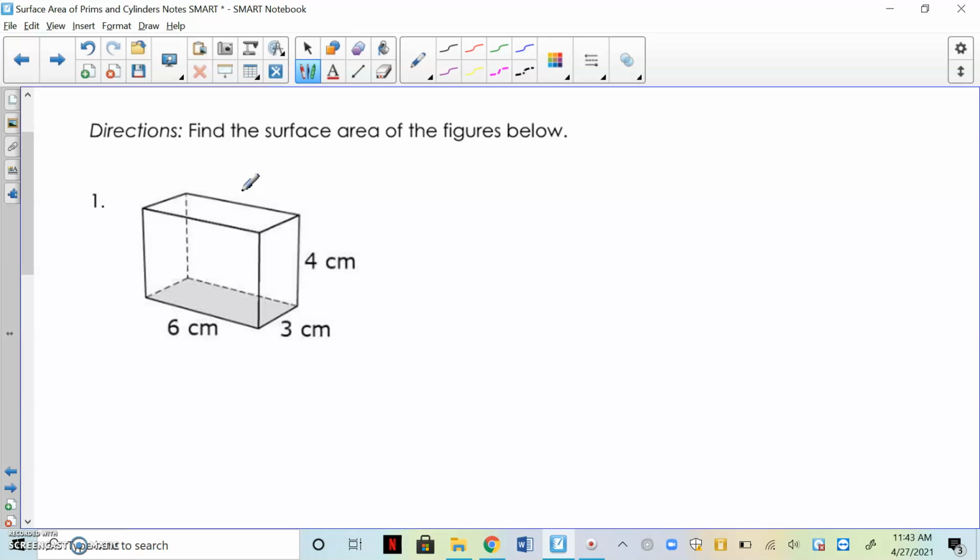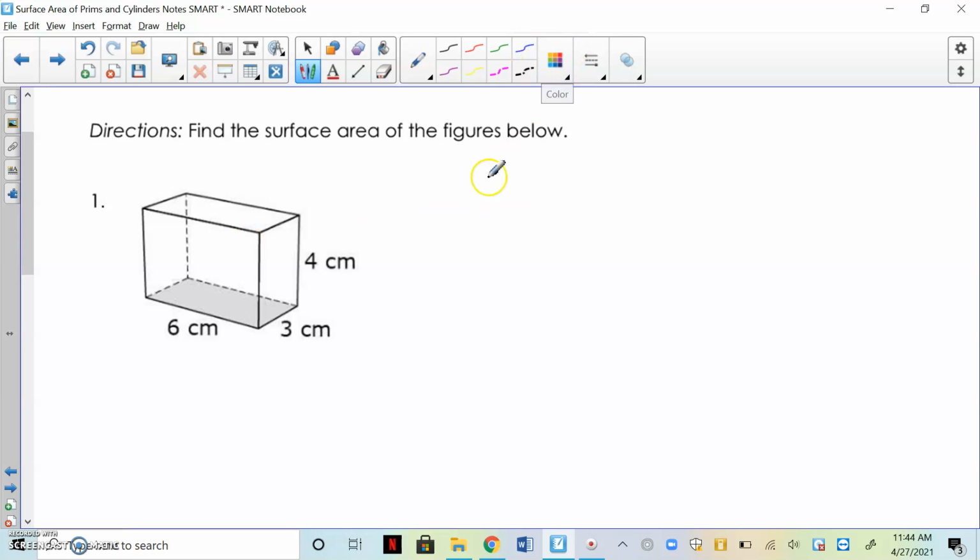So it's important to realize that each of these faces on this box, there's a total of 6, right? There's the top, bottom, front, back, left, and right. Each of those pairs are going to be equal to each other, right? The top is going to be equal to the bottom, front is going to be equal to the back, left is going to be equal to right. So really, we can get away with just finding areas of 3 of the faces and just double them.